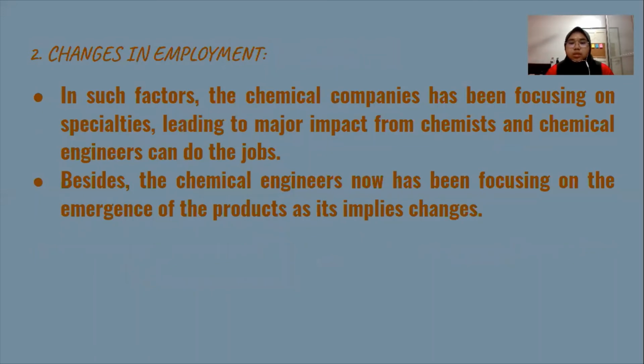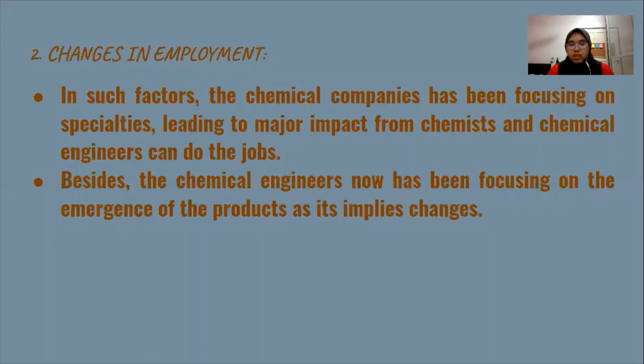So the second benefit or importance in chemical product design is changes in employment. In such conditions, the chemical companies have been focusing on specialties. These actions have led to a major impact on chemists and chemical engineers, as the companies see that chemists and chemical engineers can do the jobs.